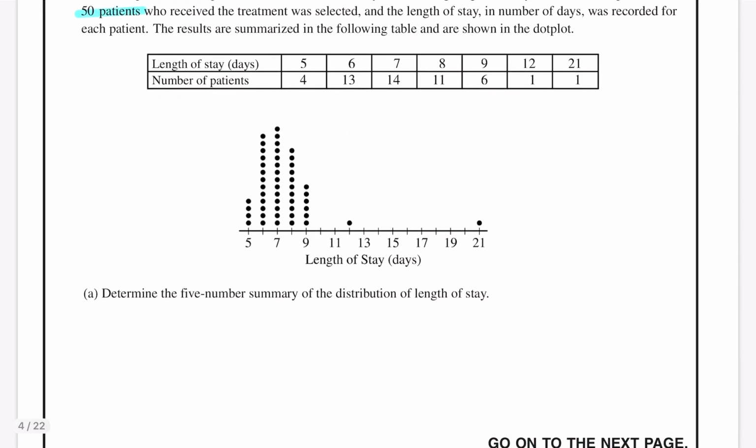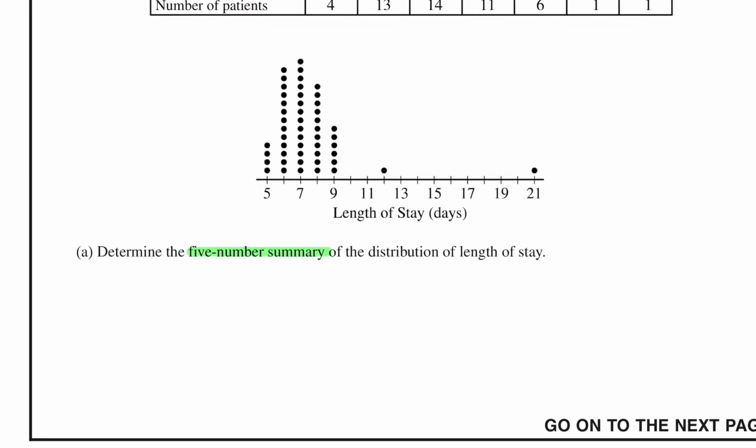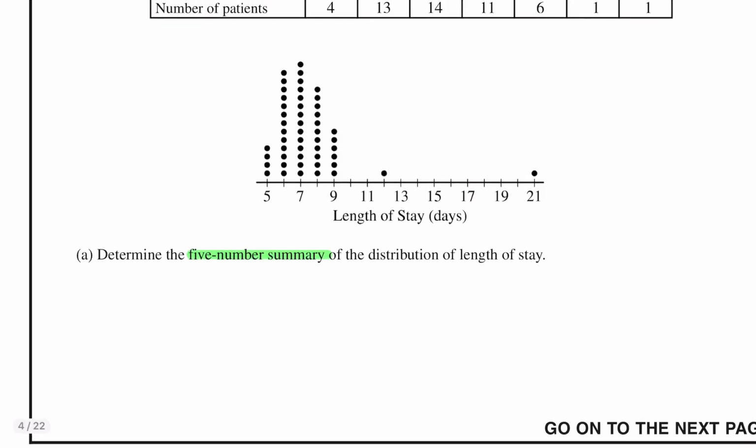The first question: determine the 5-number summary of the distribution of lengths of stay. I guess you will all be familiar with the 5-number summary because it appears very frequently in statistics. There are 5 things to identify: the minimum, the maximum, the lower and upper quartiles, and the median.